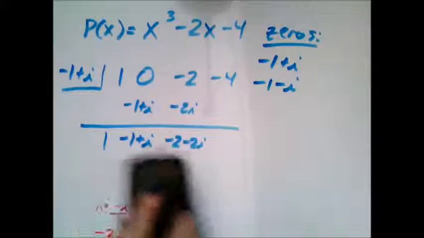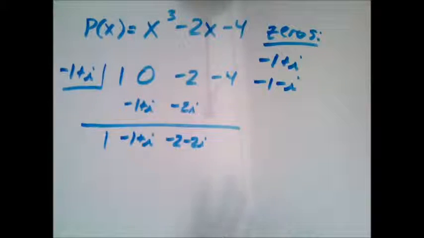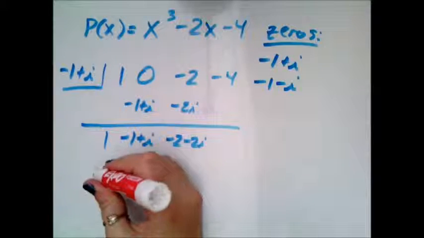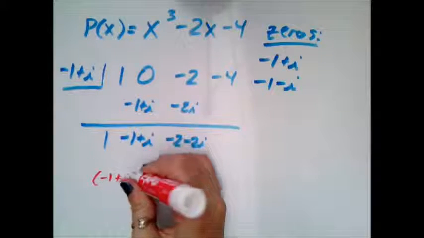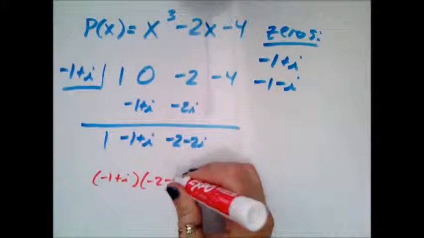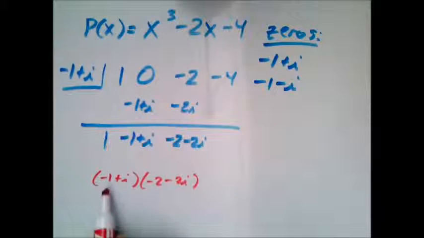And so same thing to multiply here. This number times this number. And you can also check these on your calculator. You do have an i button. It's right near the decimal, and it's a second key button.